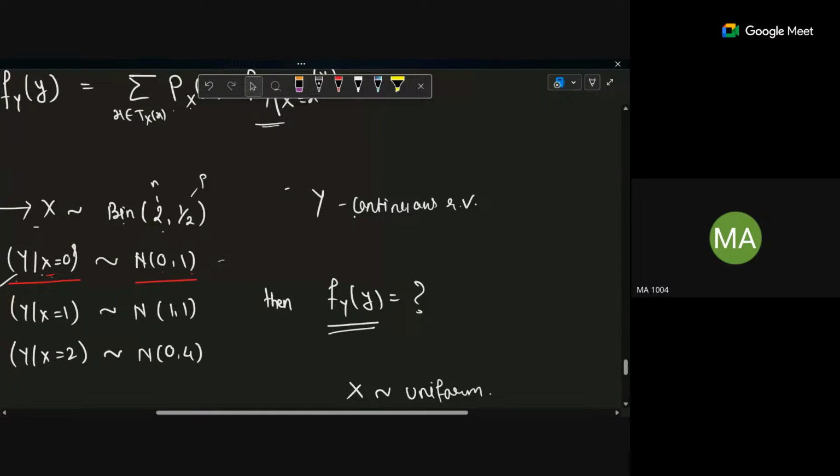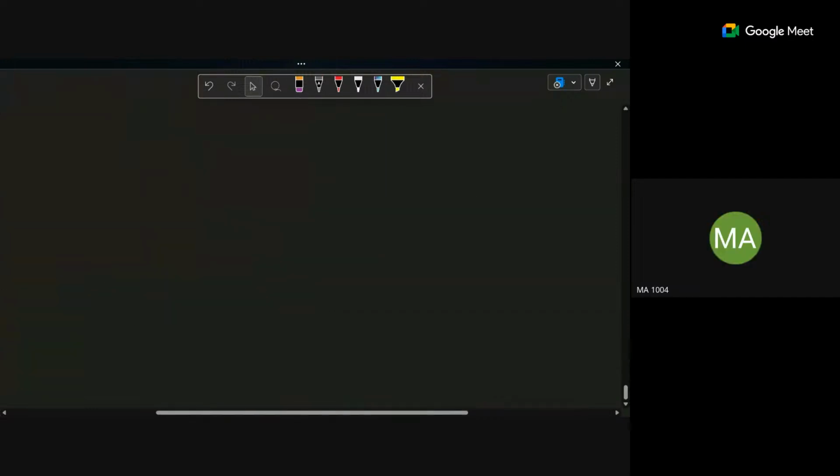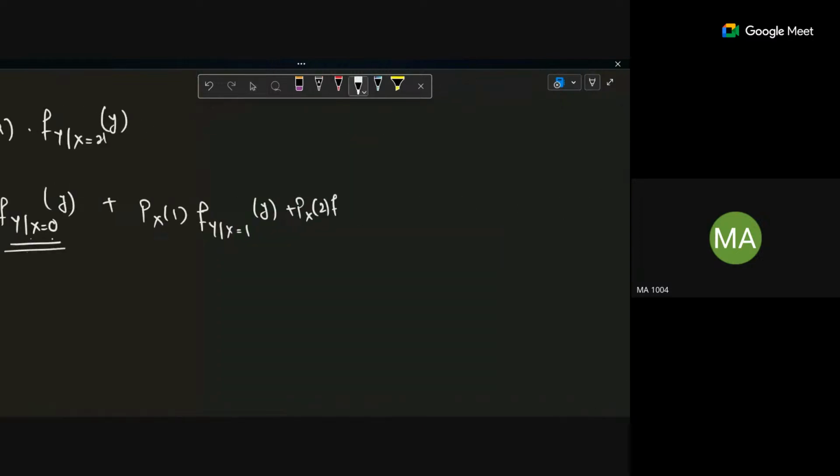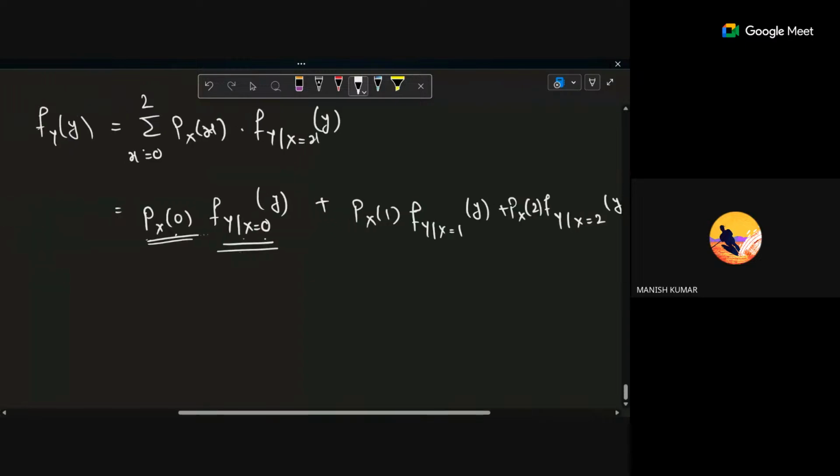X is a binomial distribution with n equal to 2 and probability 1/2. So you have to use the formula for binomial random variable. Ma'am, it's 2C1 into 1/4. Sorry? It's 2C1 into 1/4. No, ma'am, 2C0 into 1/4. Yes. How did you come up with the 1/4?